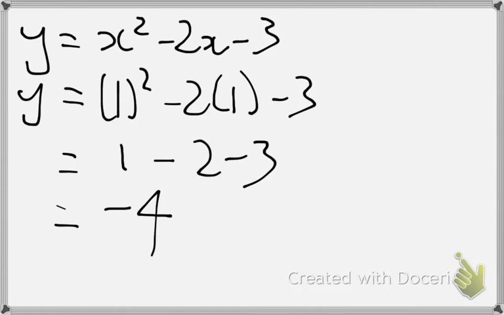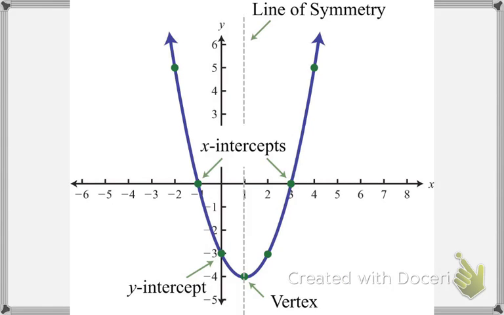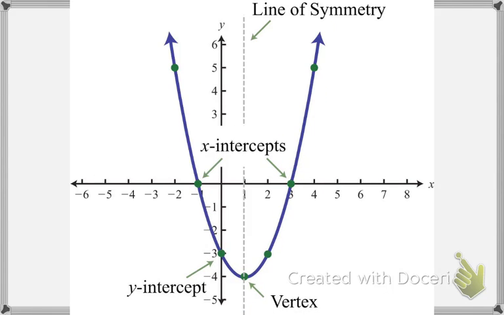This gives me my vertex because the x value is 1 and the y value is minus 4. And if you look at the graph, you can indeed see that the x value here is 1 and the y value here is minus 4.